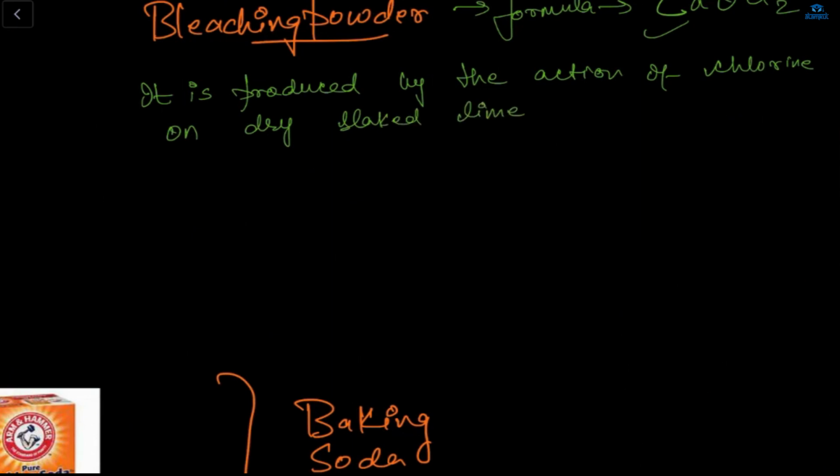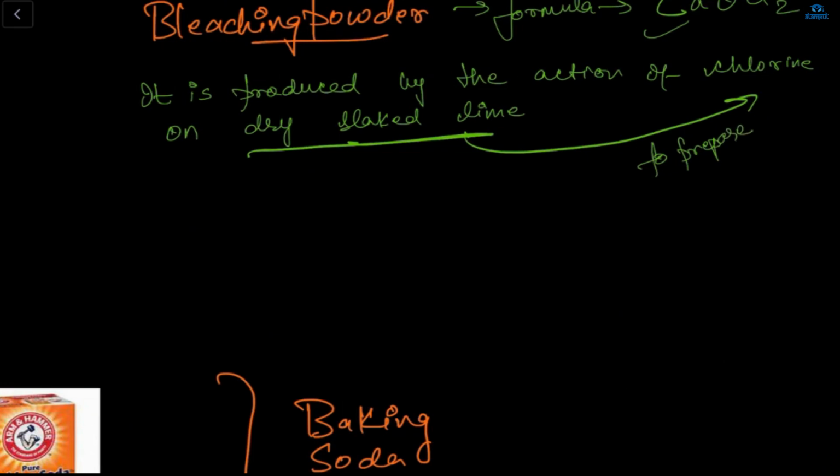Okay, so what is the definition of bleaching powder? And what is dry slaked lime? Dry slaked lime reacts with chlorine to prepare bleaching powder. Just the reverse of it. Okay, to prepare BP, I'm writing bleaching powder.